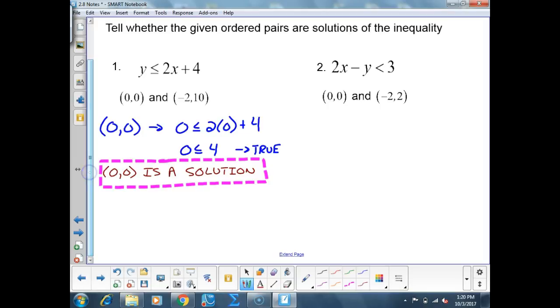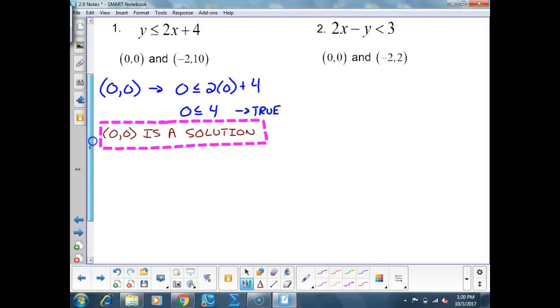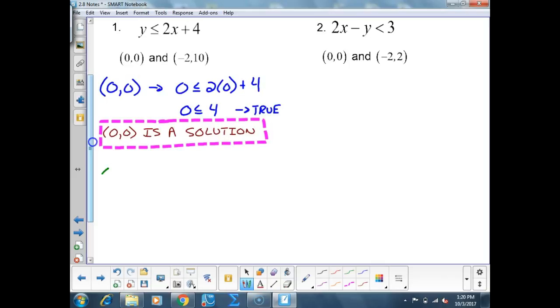Now we've got to test negative 2, 10. So I'm going to plug in 10 for y, less than or equal to 2 times negative 2 plus 4.